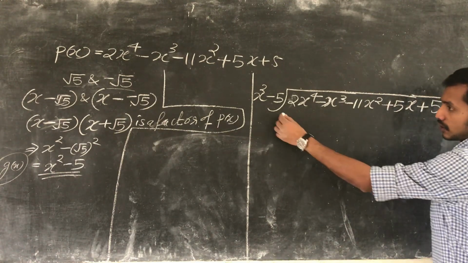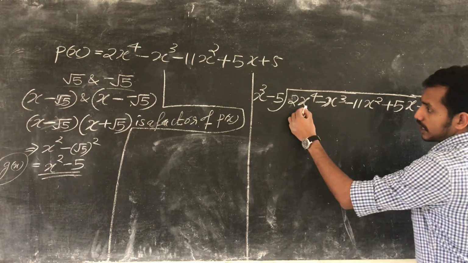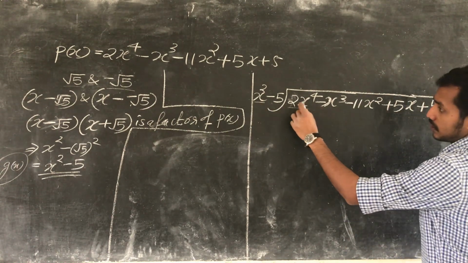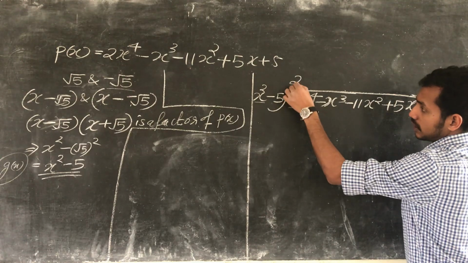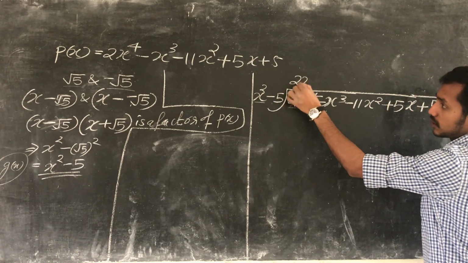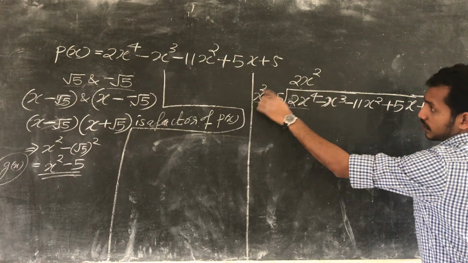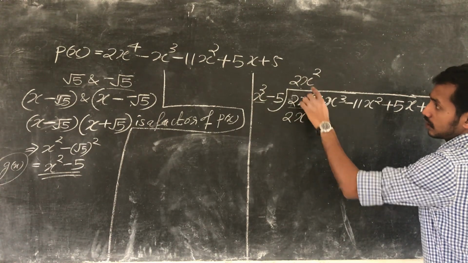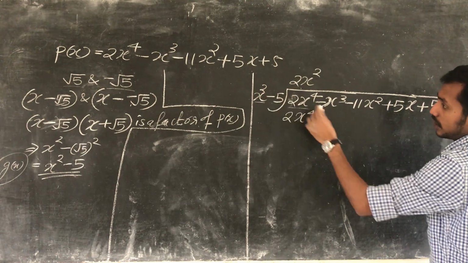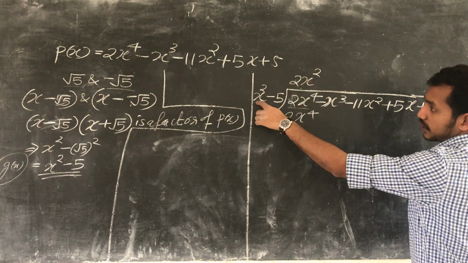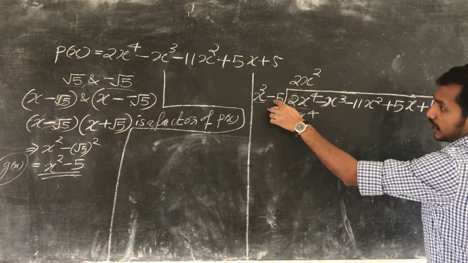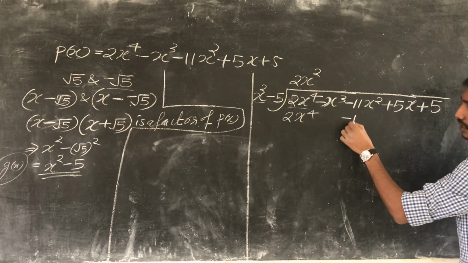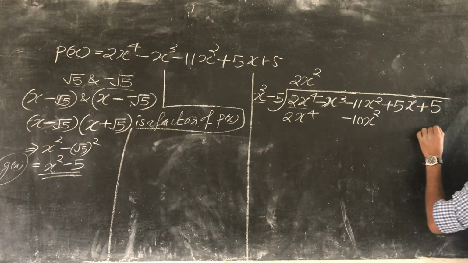Now divide 2x raised to 4 by x square, what will we get? 2x square will be there. 2x square into x square is 2x raised to 4, and 2x square into minus 5 is minus 10x square. Place it here, minus 10x square.